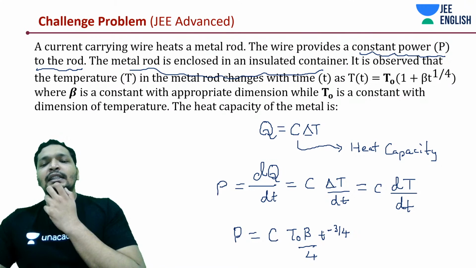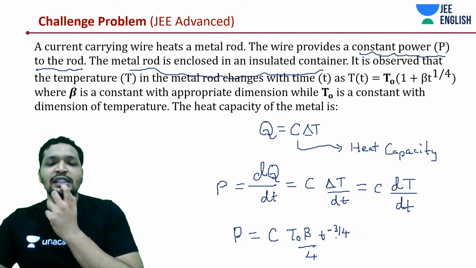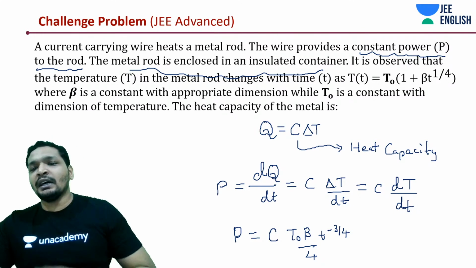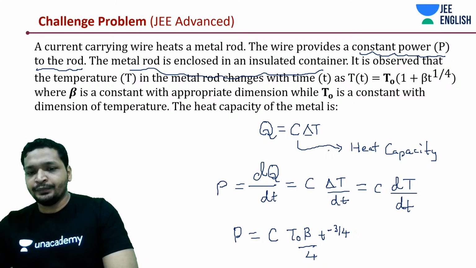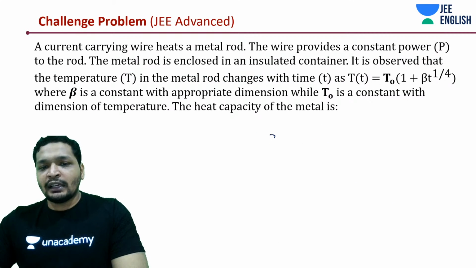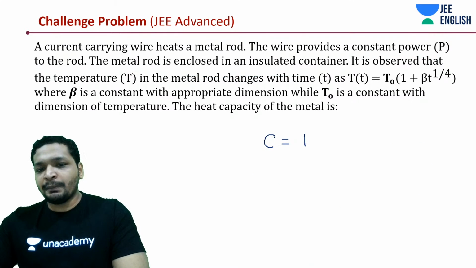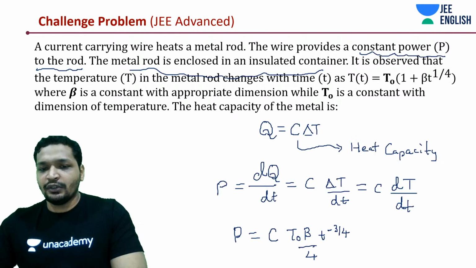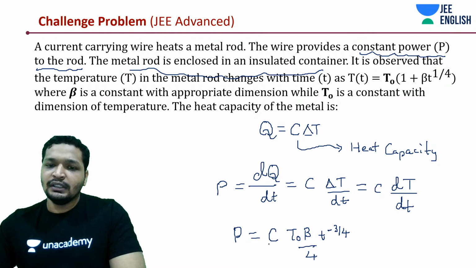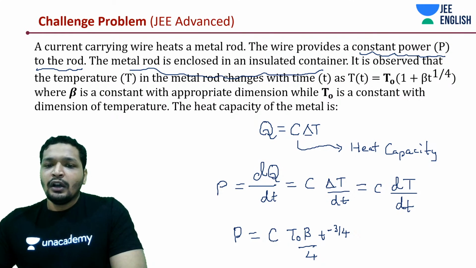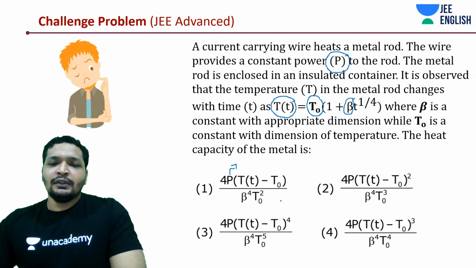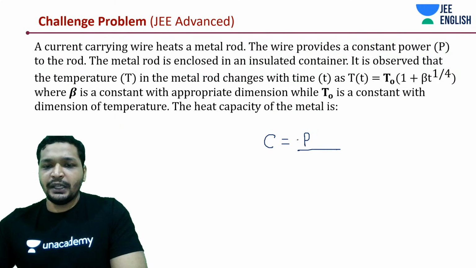The hint is that you have to substitute this time in terms of T and T0. If you calculate C from this equation, with constant power P, rearranging everything, that's going to be 4P.